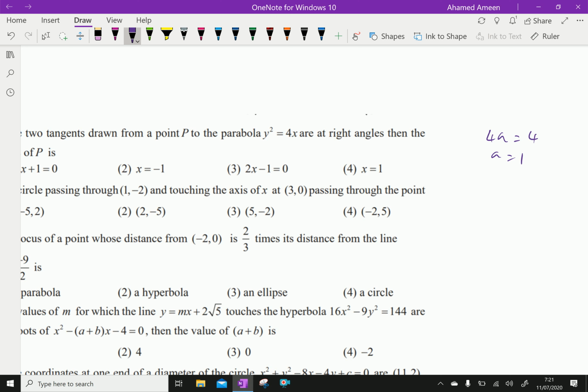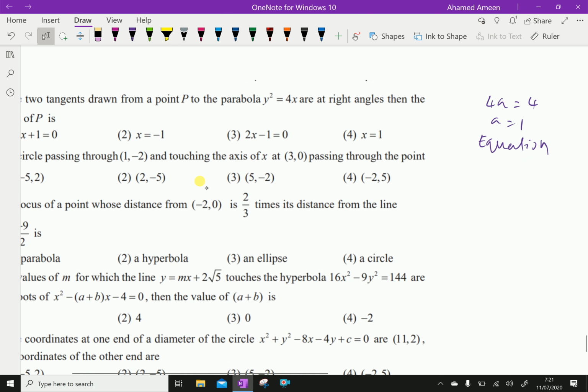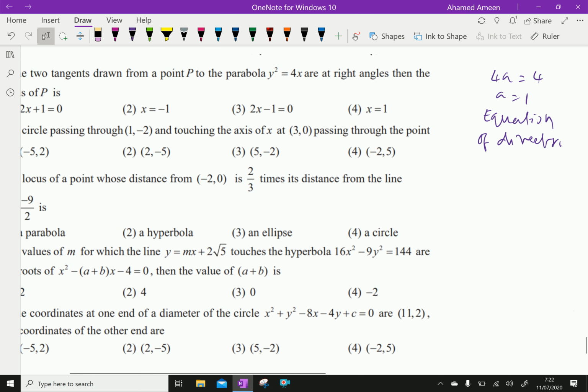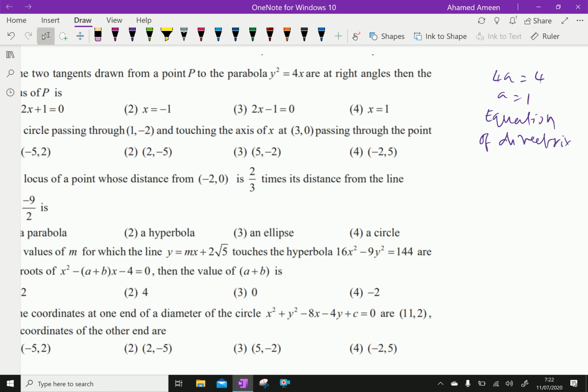Equation of directrix is x equal to minus 1. Therefore the locus of the point P is x equal to minus 1, because the point moves on the directrix here. Therefore we have option 2.